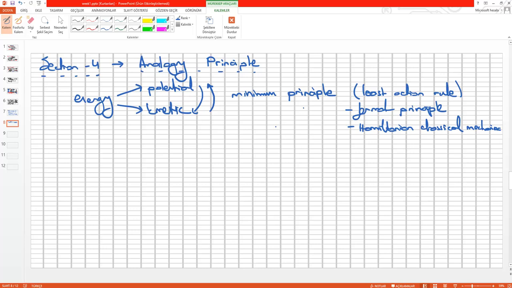Okay? But this energy is the same for the mechanical system, the electrical system, the heat system, or the fluid system. And then we can create an analogy between these terms like this one.